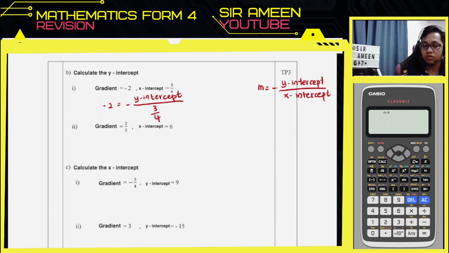To solve this, we need to multiply negative 2 with 3 over 4 so that we can eliminate the denominator.